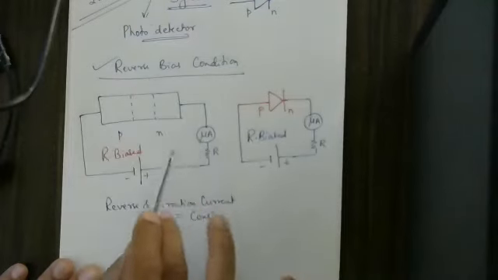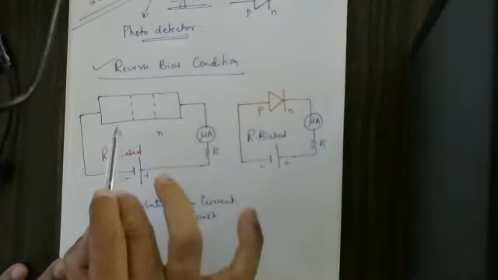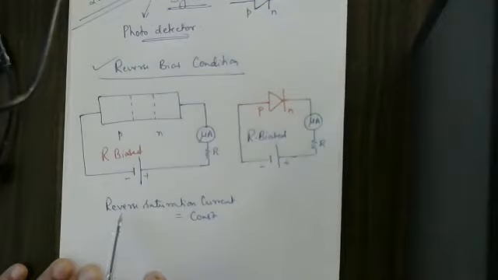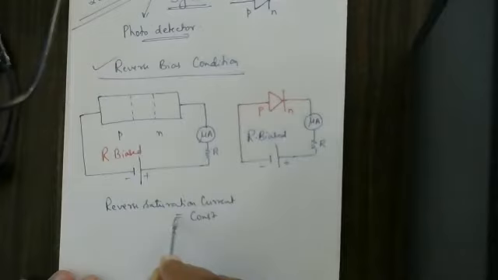The current, whatever is flowing, is due to the minority charge carriers. That current is constant, not depending upon this voltage, and is called the reverse saturation current. That reverse saturation current is said to be a constant.